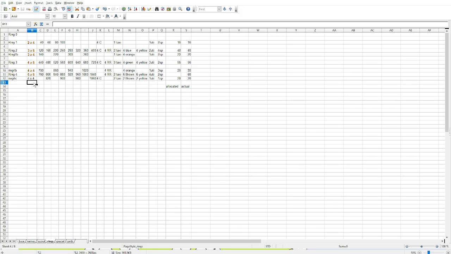The catch to this is that the other option is to make it so that Ring 4, instead of having 5 times 8, it's 5.5 times 8, which is actually totally doable. I can work with that.